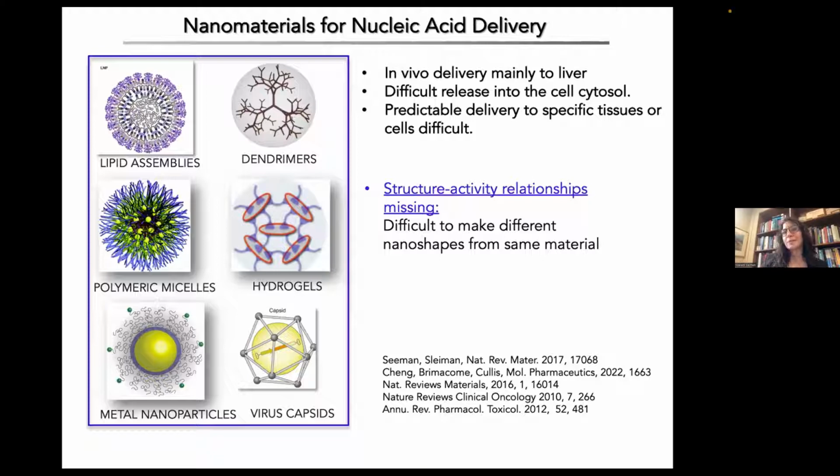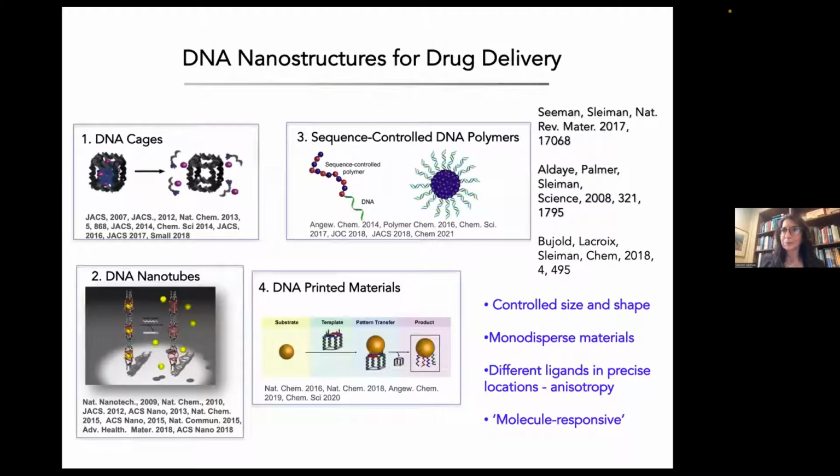In some cases, for example, rods deliver better than spheres, and for other materials, it's spheres that deliver better than rods. And that is because those studies are done on different materials. There isn't one single material that you can use to create these very large libraries and systematically vary size and shape. And that would be very important to obtain a fundamental understanding of the biological activity of a nanomaterial.